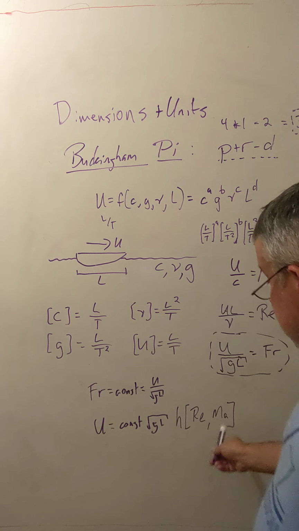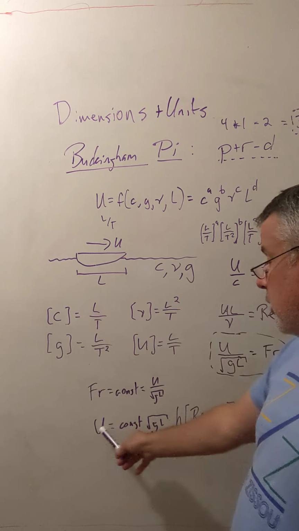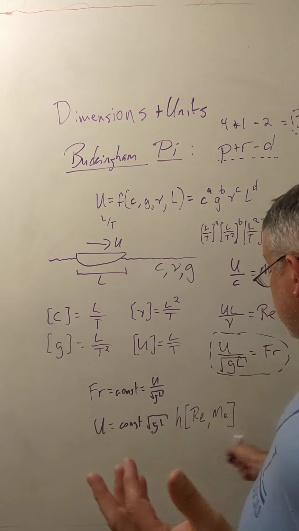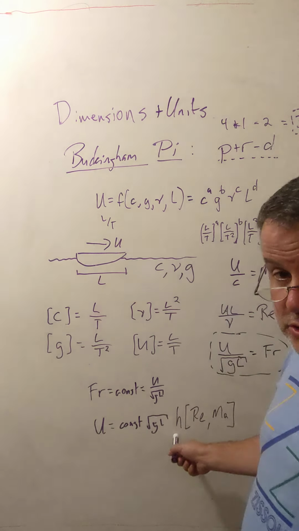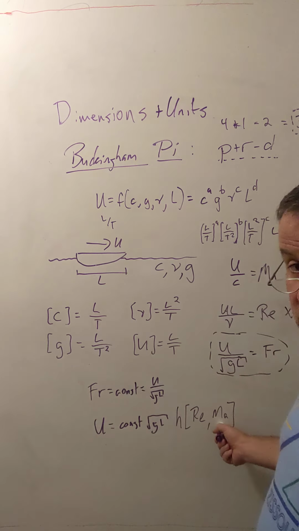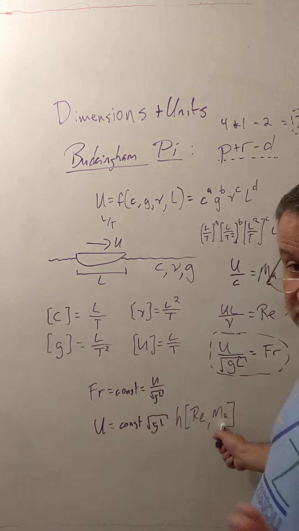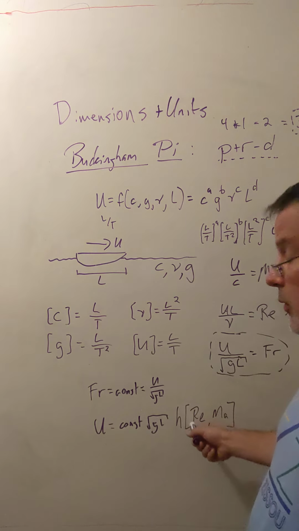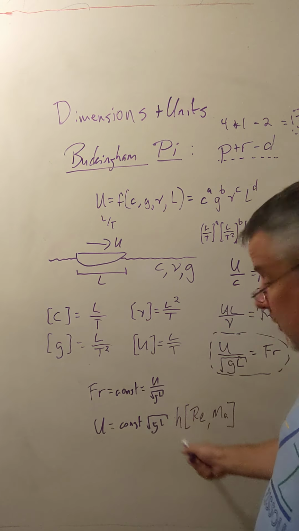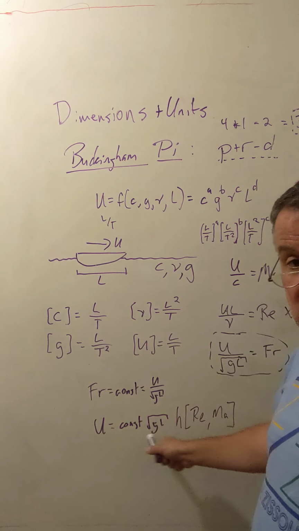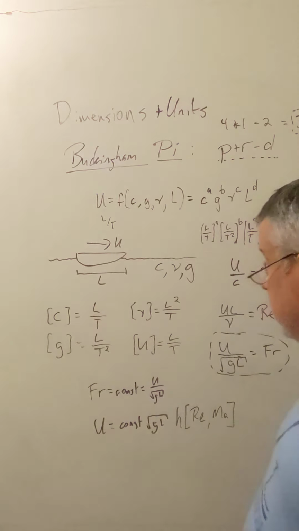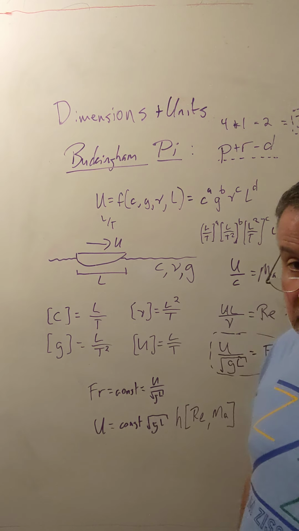So what this says is, here we got our original prediction, and then we have something that is close to 1 when, say, the Reynolds number is quite large and the Mach number is quite small. But if we went fast enough that either the Reynolds number or the Mach number got big, there might be a correction coming from this term to change this velocity to depend on multiple parameters altogether. That's the basic idea of how the Buckingham Pi theorem works.